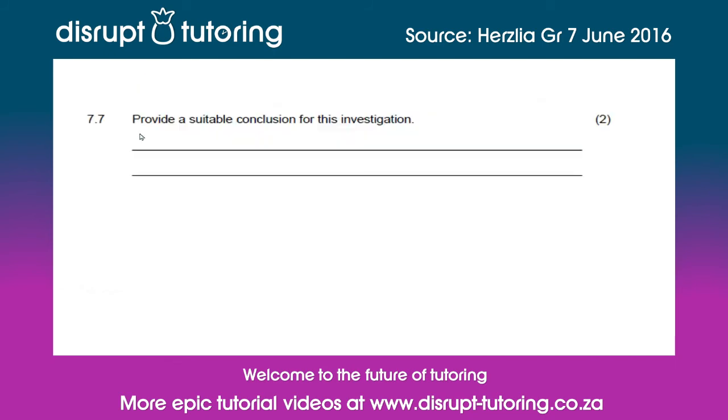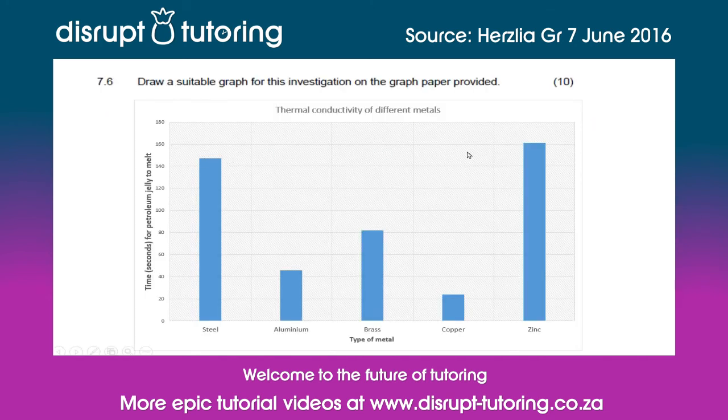Let's move on to the last part of the question. It asks us to provide a suitable conclusion for this investigation. Okay, if we go back and have a look at the information that we have here represented in a graph, copper took the least time for petroleum jelly to melt, meaning that it conducted heat the most quickly or most effectively.